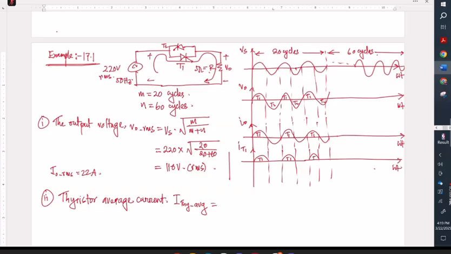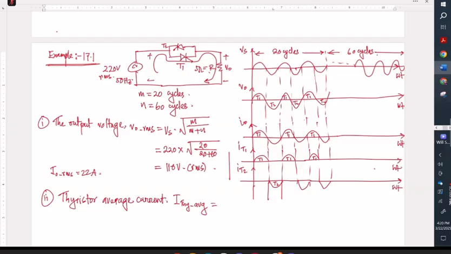Okay, yeah. And what should be your T2? It should be like this, right?